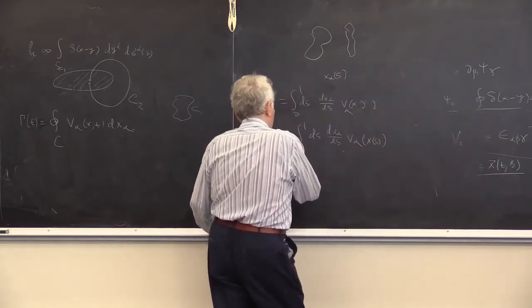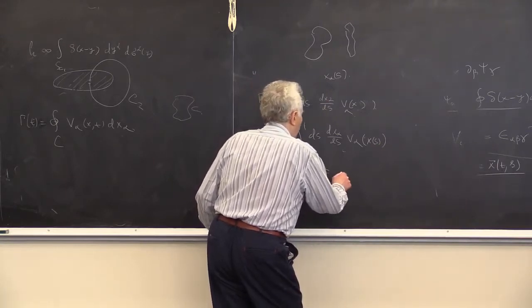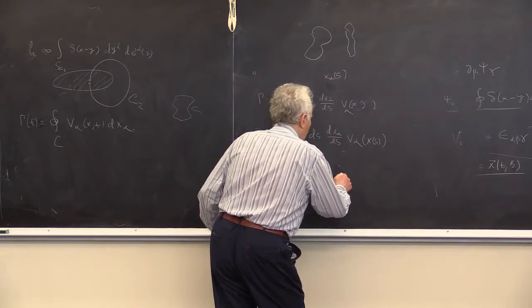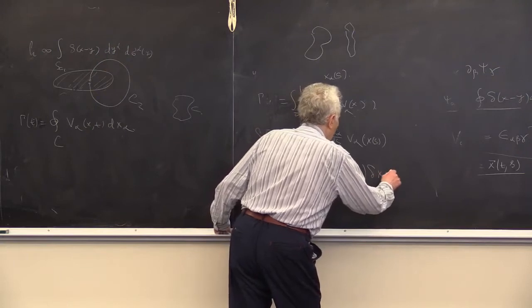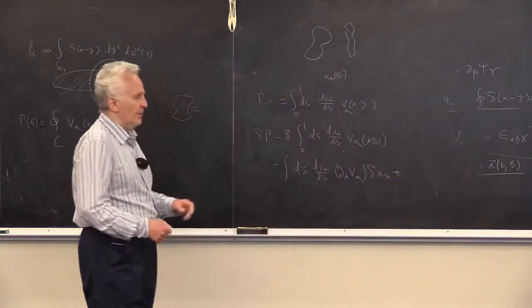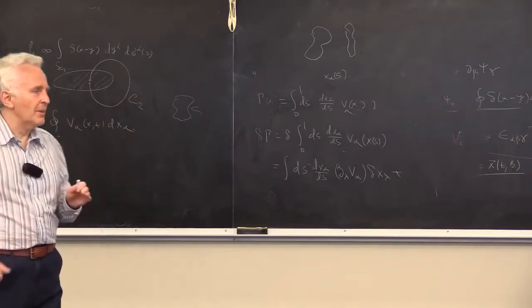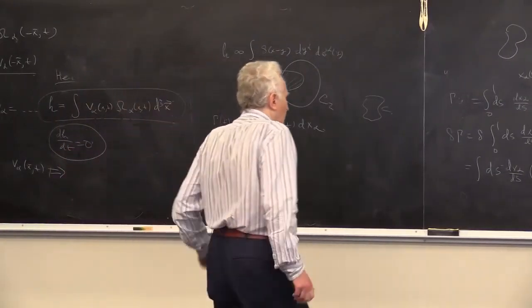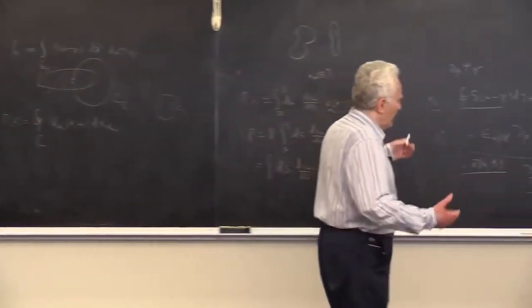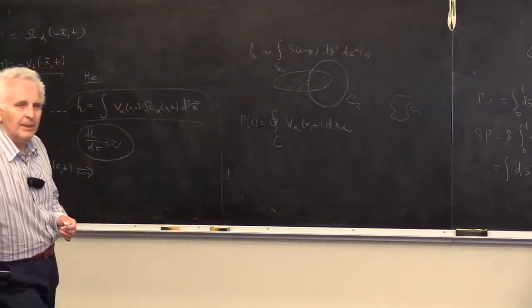And the variation was just integral ds, dx alpha over ds, delta x lambda, d lambda v alpha, plus and so on and so forth. It's a good idea to remember these things. Remember what we did when we talked about the general Hamiltonian systems. What kind of quantity did we calculate?